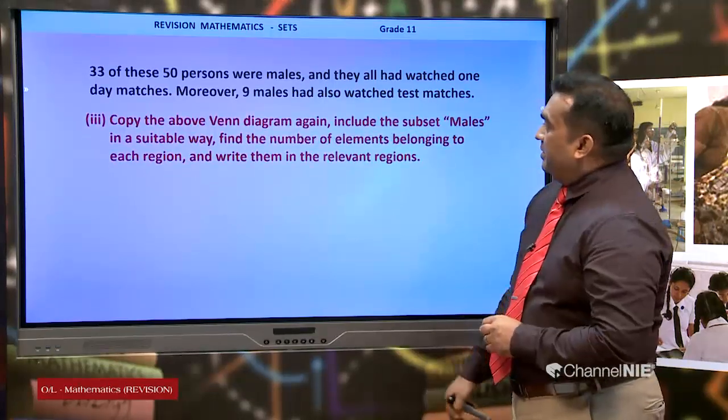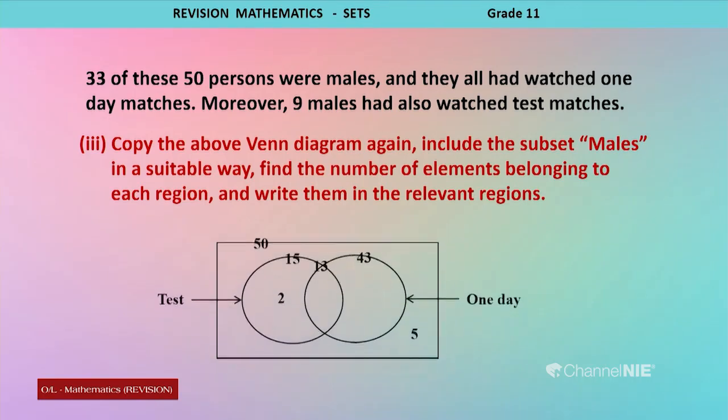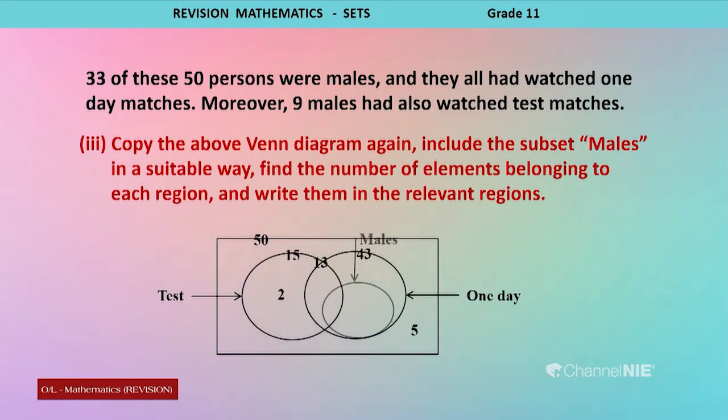Right, here copy the above Venn diagram again, include the subset males. We will see. 33. Here males 33, males is a subset of one day, 33.